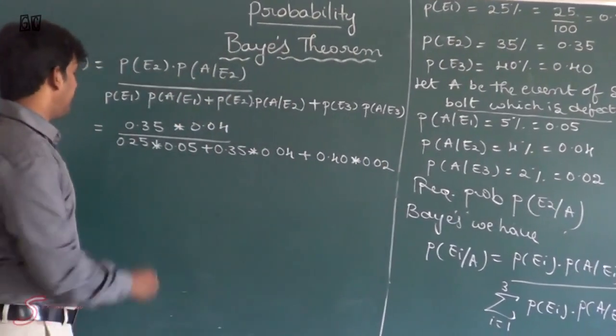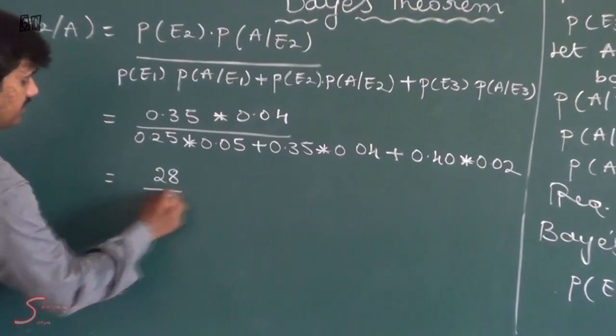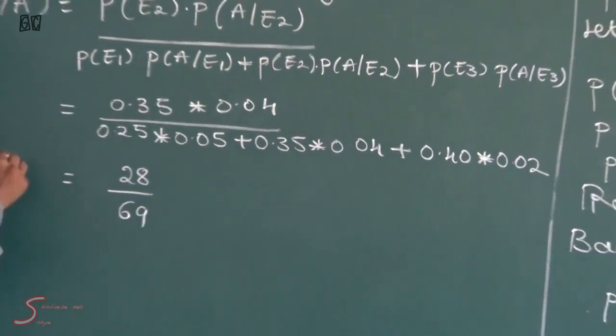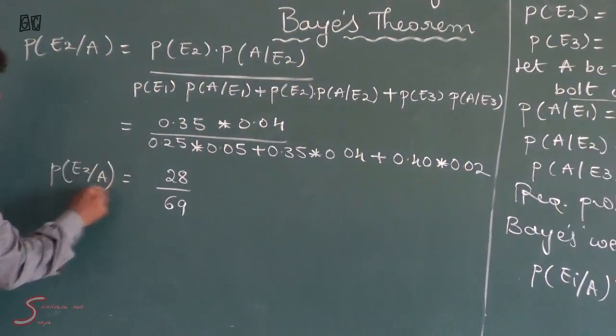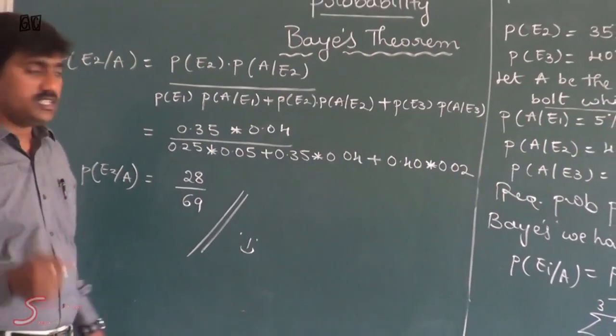If you calculate all these, finally we will get 28 by 69. So this is the probability that the defective board came from machine B.